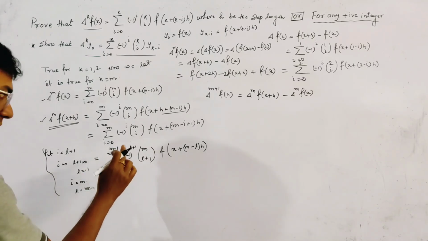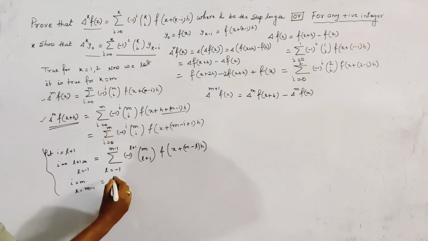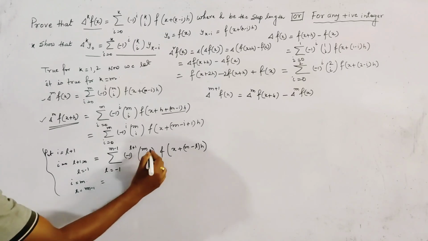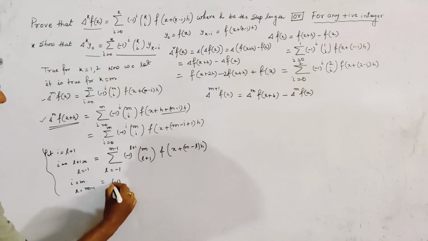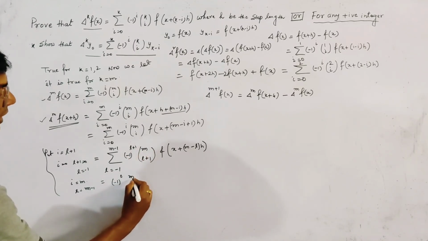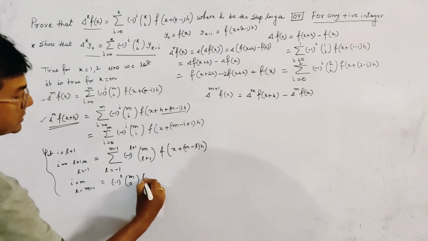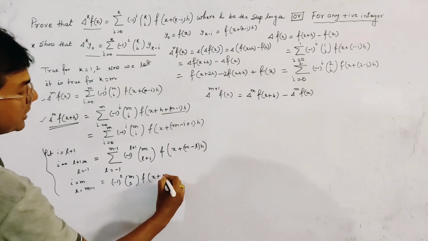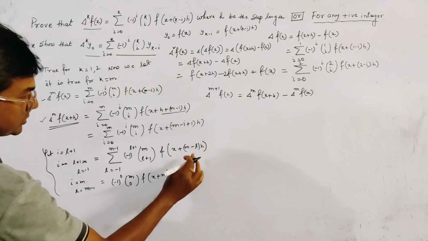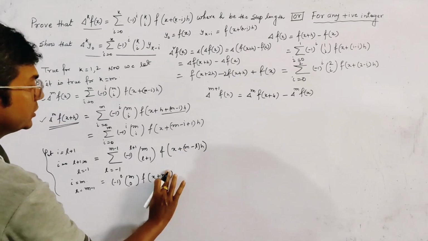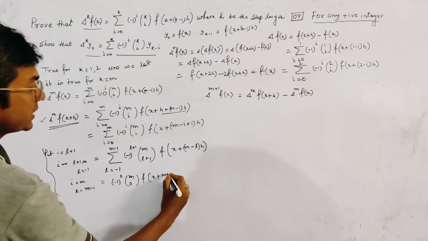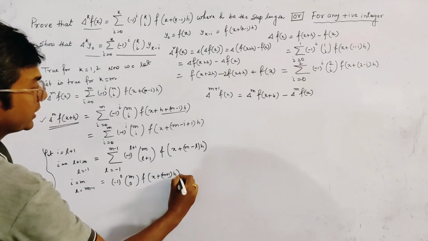We separate the first term from the summation and putting L equal to minus 1 here, we get minus 1 to the power 0 mC0. This is f of x plus mh, because L equal to minus 1, sorry, this is not mh, this is m plus 1 into h.